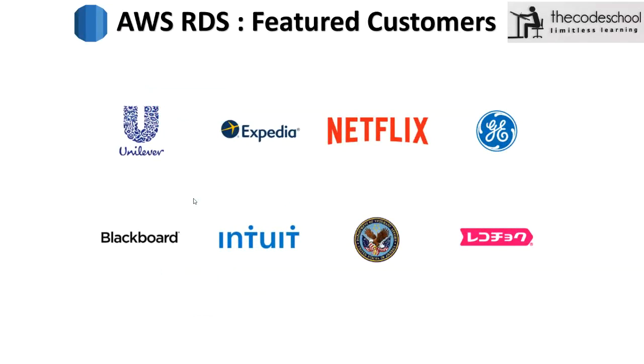A few other major RDS customers are Unilever, Expedia, Netflix, GE, Blackboard, Intuit, and these companies are using RDS very exhaustively today.